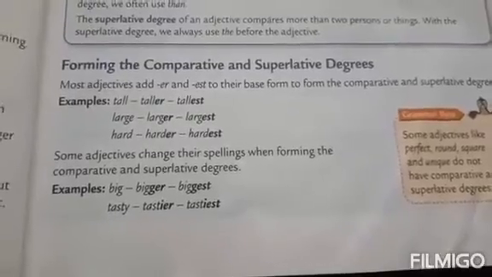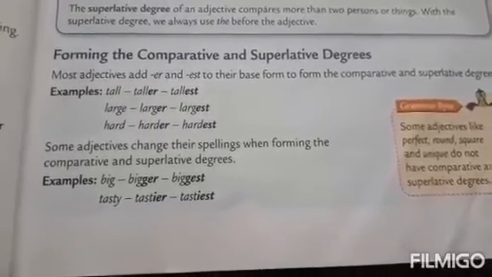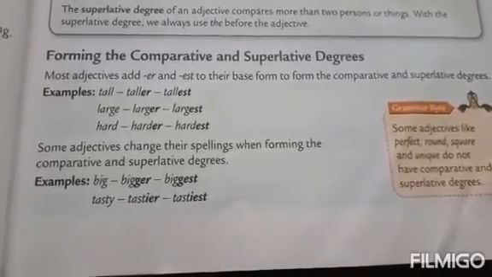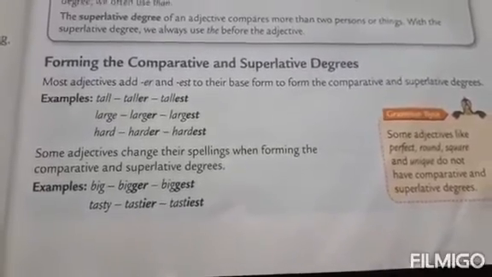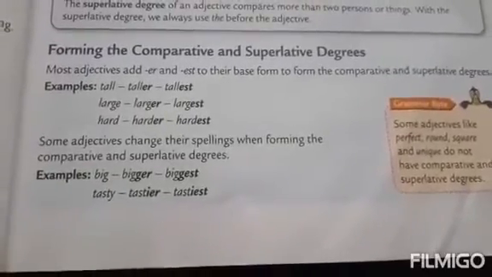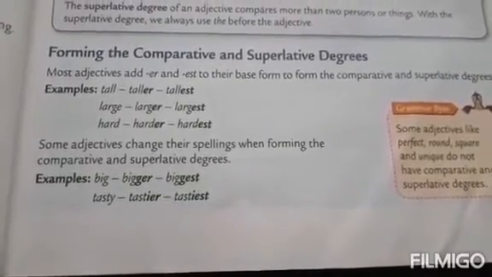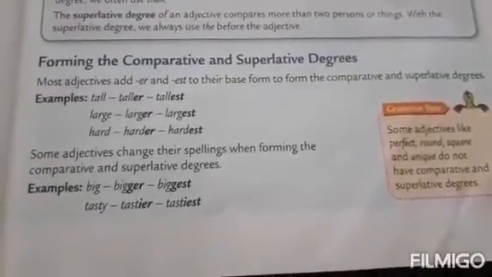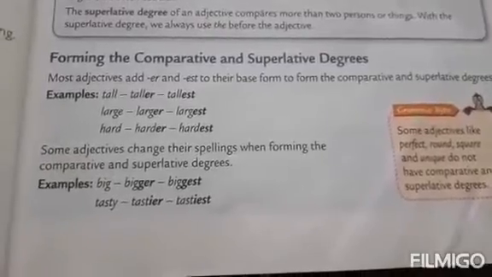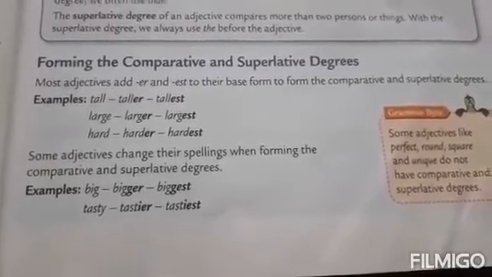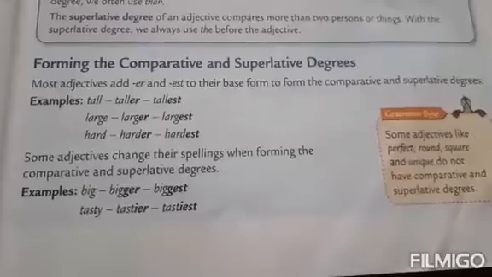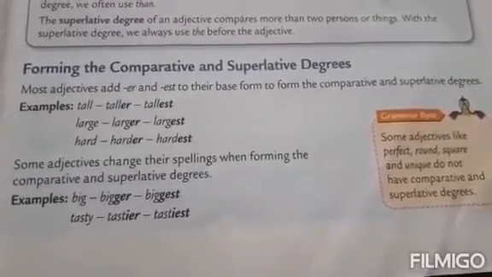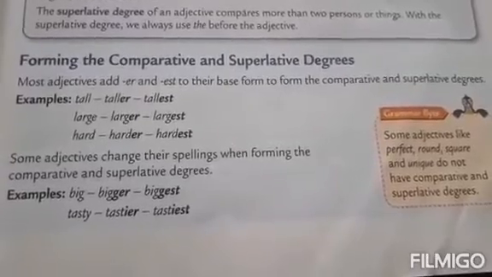Hard becomes harder, hardest. In the same way, some adjectives change the spelling while forming the comparative and superlative degree. For example, big becomes bigger, biggest. Tasty becomes tastier and tastiest. Out here, ger is added and gest is added.